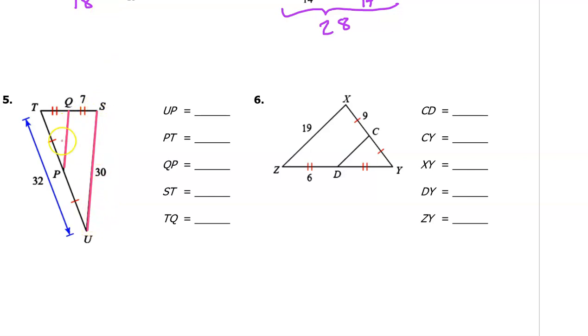So since SU is 30, then QP should be 15. And that's one of the things that we are being asked to find. Let's fill in some other stuff. For example, if QS is 7, that means that TQ is also 7.